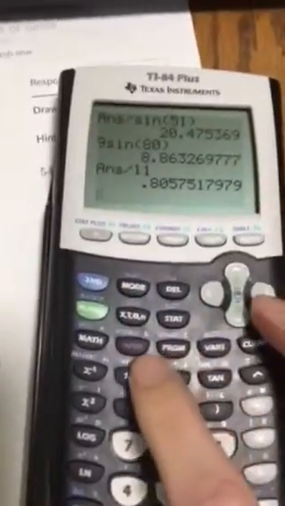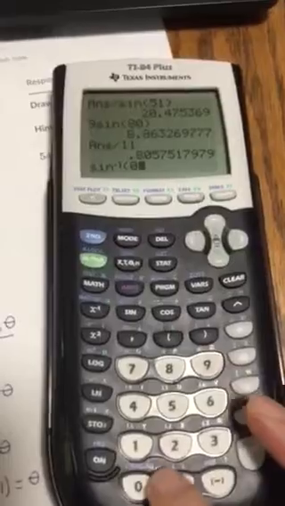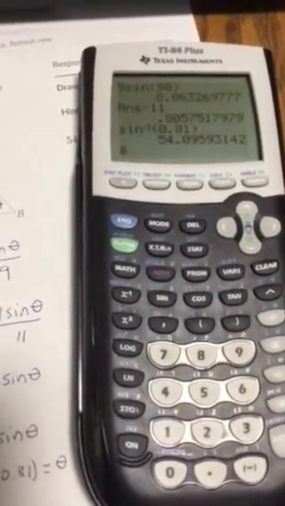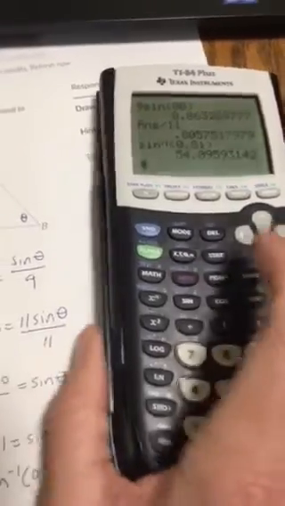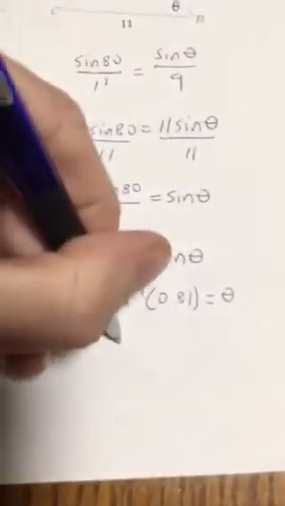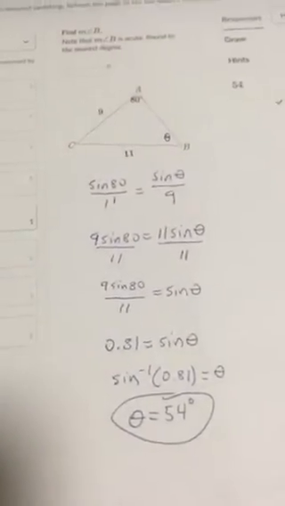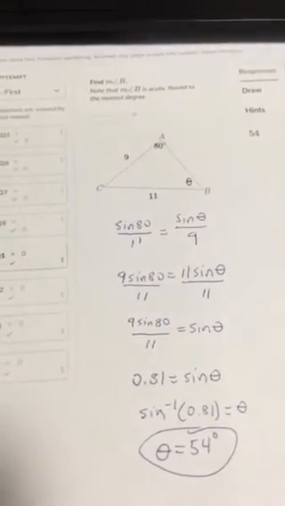Put that in the calculator: second sine inverse of 0.81, and I get 54.09. I'm just going to round it down. They say 54, so if you put 54.1, it'll still mark it as correct. So theta equals 54 degrees. I just used inverse trig and the law of sines to find the missing angle.